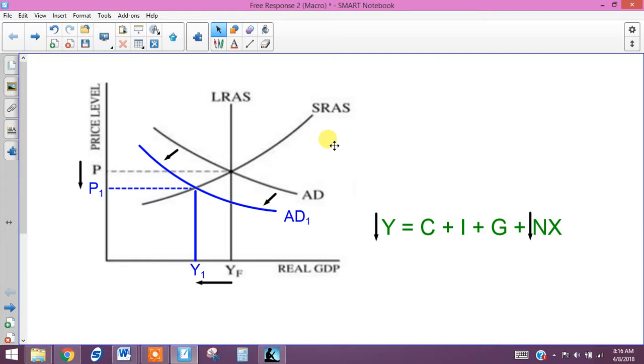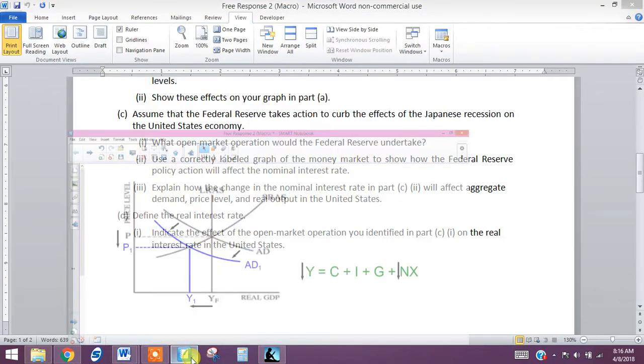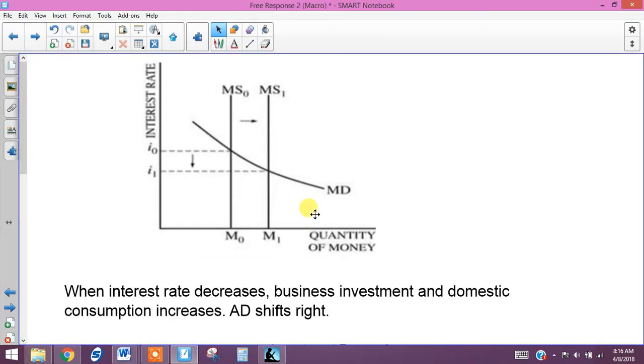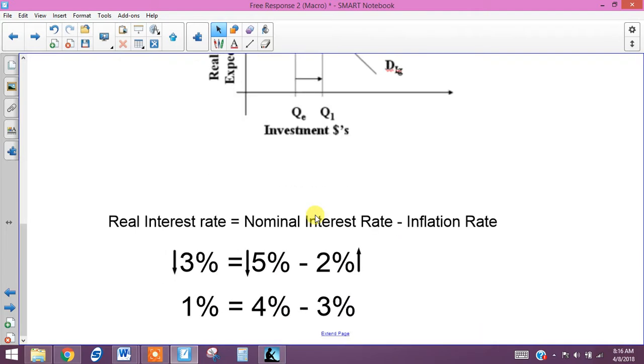So it's going to cause a rise in inflation, and the nominal interest rate to go down.